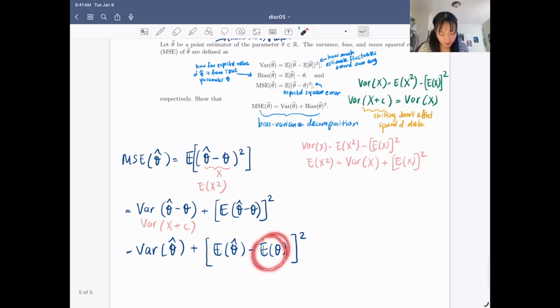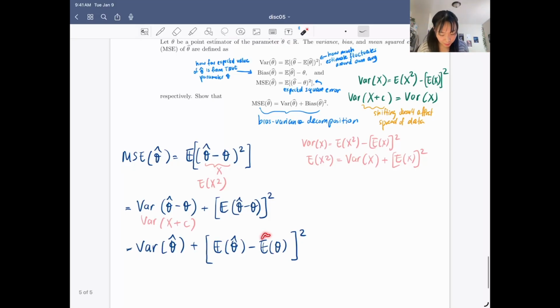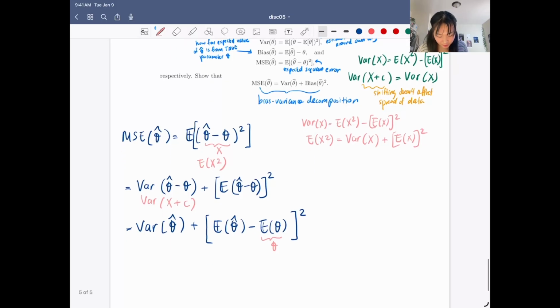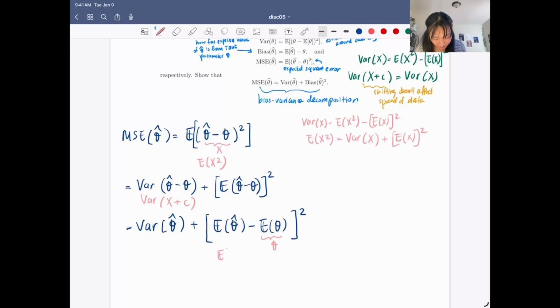The true parameter is just a constant, just a number. It's like the true mean of all these unknown numbers in my hat. So the expectation of a constant is literally just theta. Now this equation becomes the expectation of theta hat minus theta, squared.